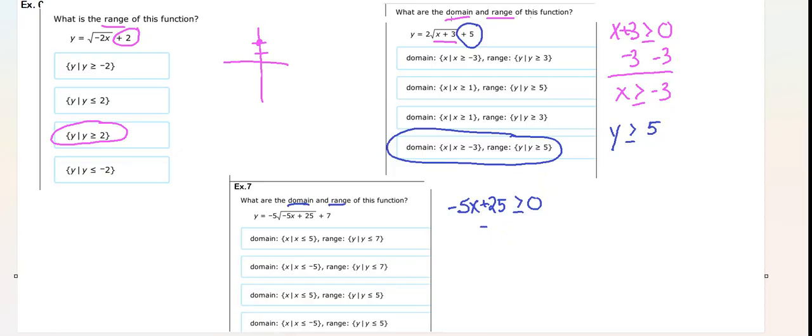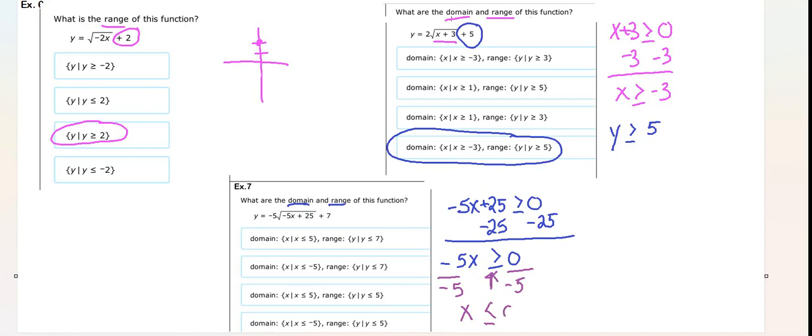All right, so first thing we'll do is get rid of this 25. Now we have -5x is greater than or equal to 0. Next step, we'll divide by -5. Divide this side by -5. So that gives us x. Now remember, when you multiply or divide an inequality by a negative sign, it flips the sign. Oh, so it's going to go this way, less than or equal to 0.